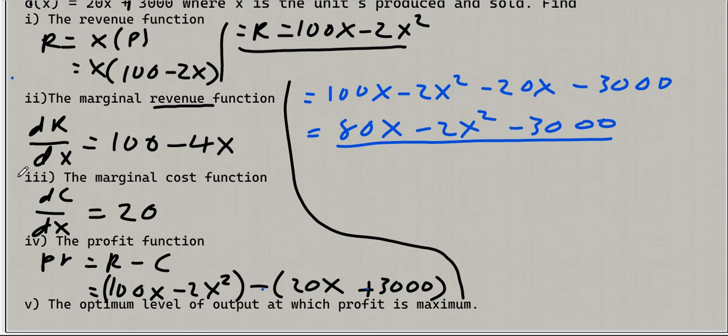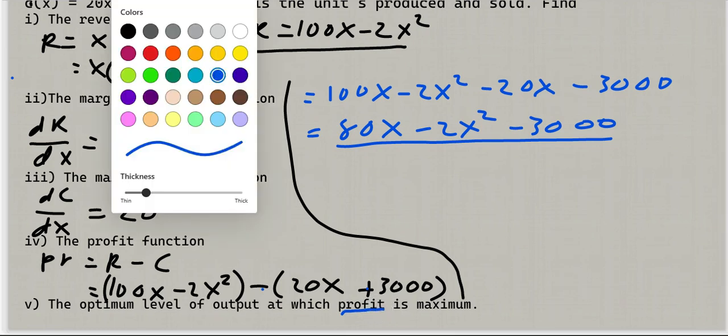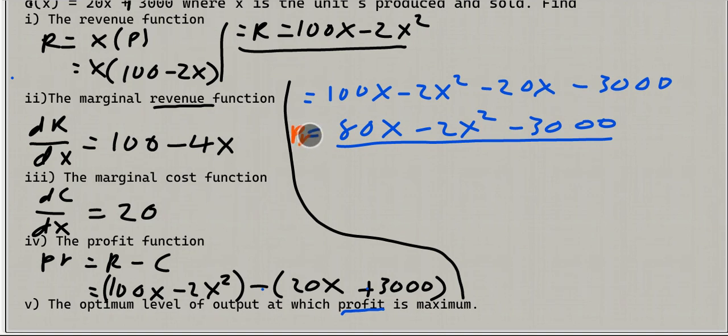Okay, the next one is the optimum level of output at which the profit is maximum. So again, underline the name profit. You're looking at the level of output where profit is actually maximum. So what do you do? You simply differentiate the profit function, which is this one, and equate it to 0, the same drill.